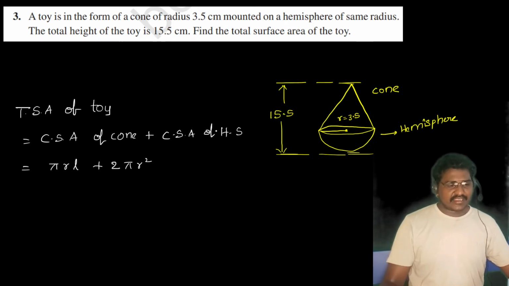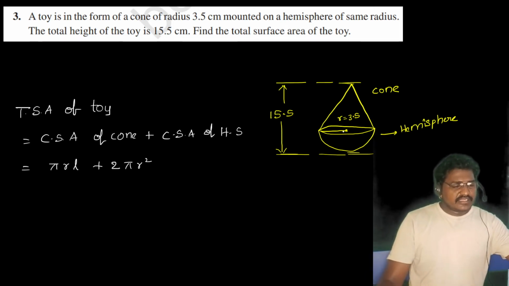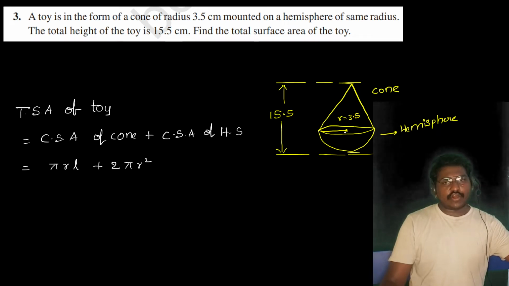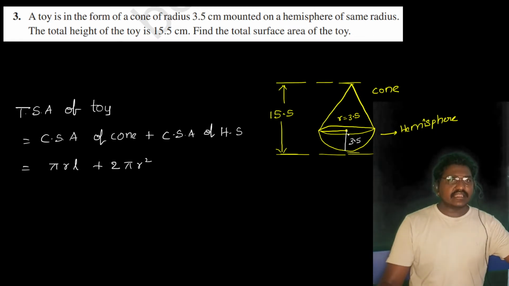Now observe the cone part very carefully. Since it is 3.5, the hemisphere radius is common throughout. Even this will also be 3.5, because by the basic definition, a radius is the line which has the same length throughout the entire shape from the center.